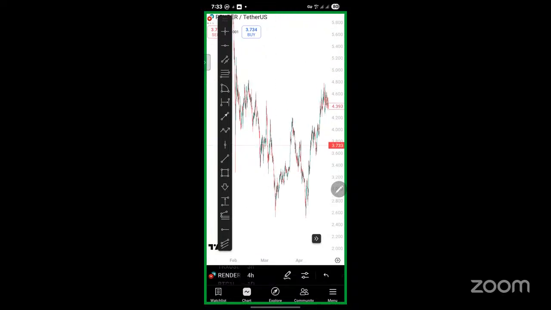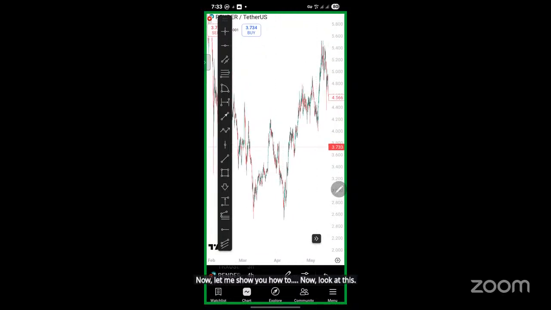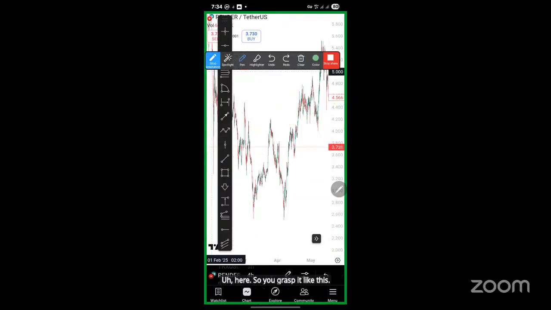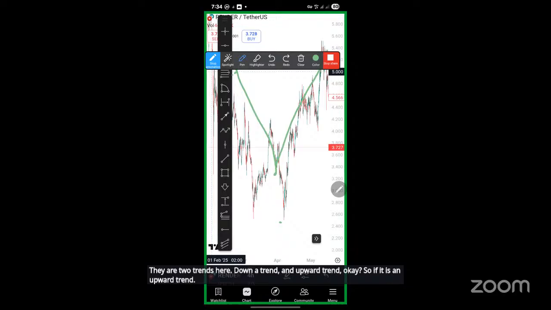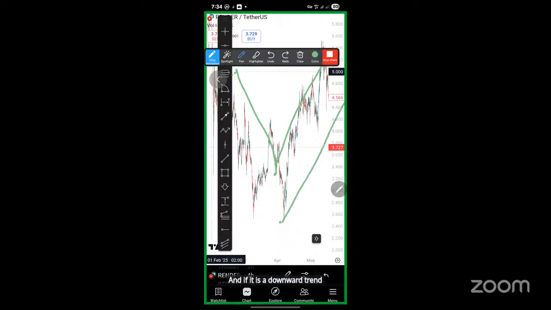Now, look at this. Here, there are 2 trends, a downward trend and an upward trend, okay? If it is an upward trend, we draw it here. And if it is a downward trend, we draw it here. Why?